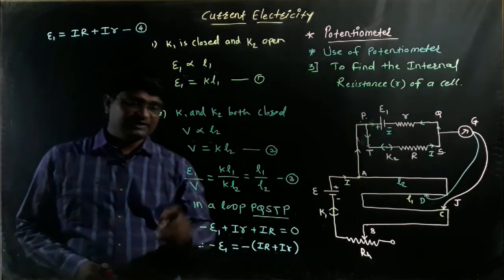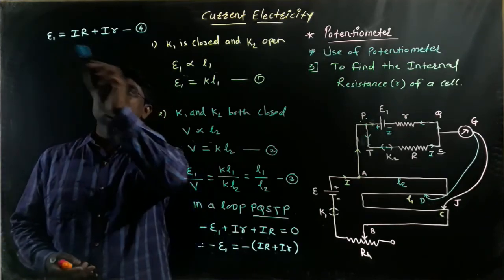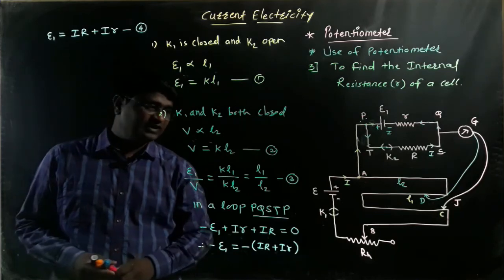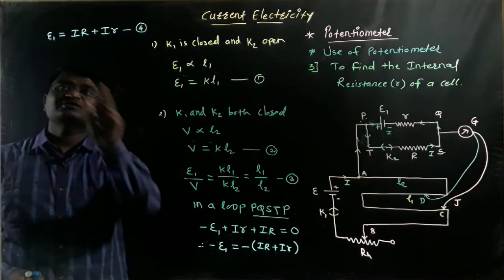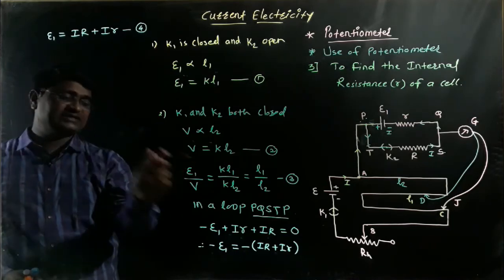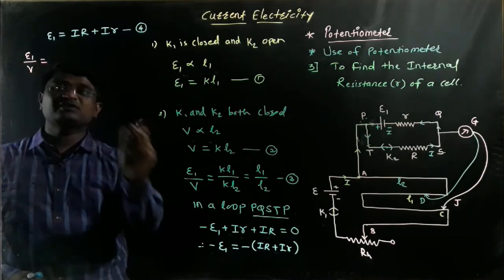So we find the value of epsilon 1 and put this value of epsilon 1 into equation number 3. This value is very important. So what do we get? Epsilon 1 upon V is equal to, what is epsilon 1?